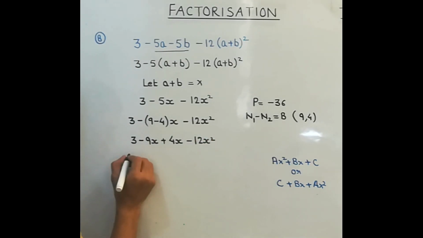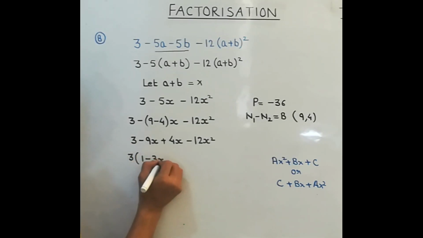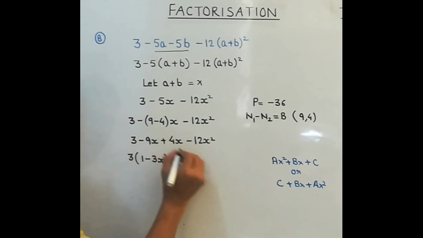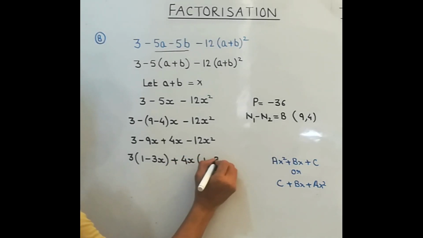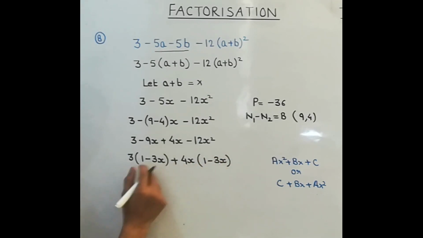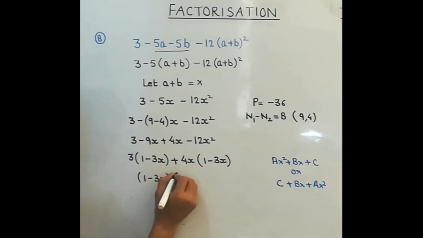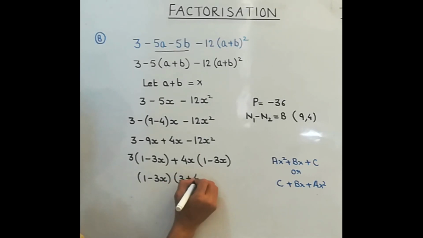From the first group you can take 3 common. From the second group you can take 4x common. Now here you can take up till here it's clear to you.